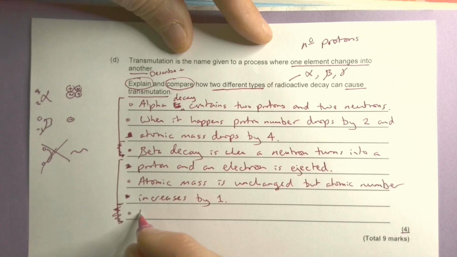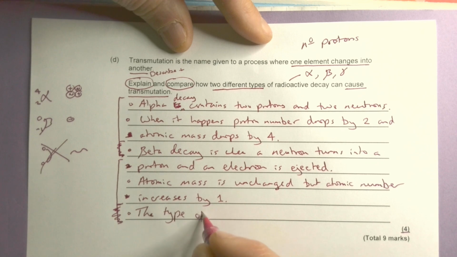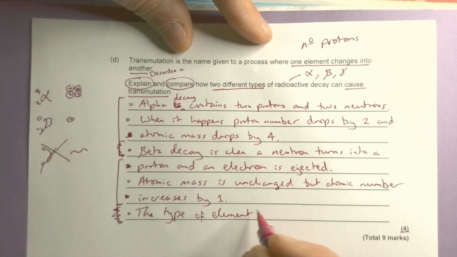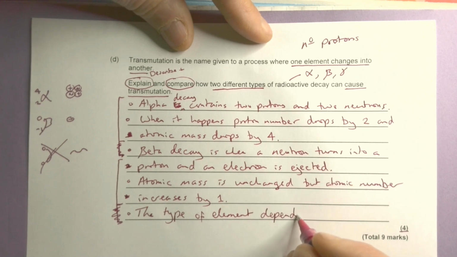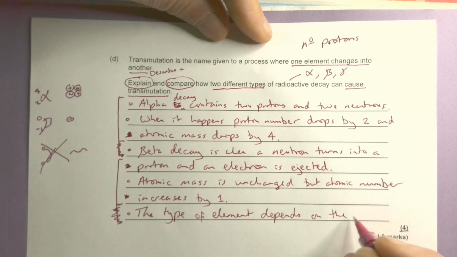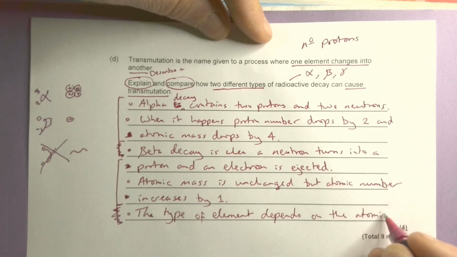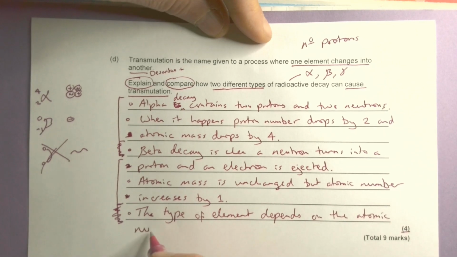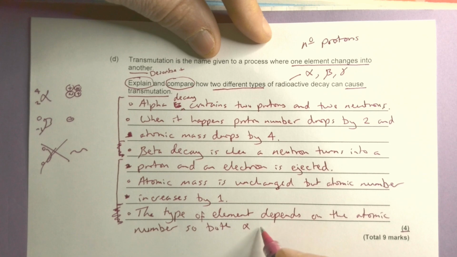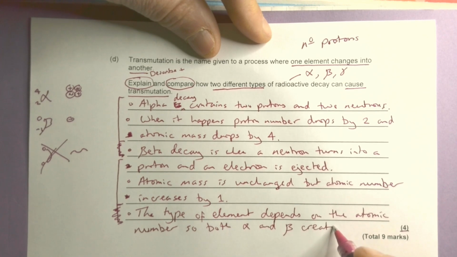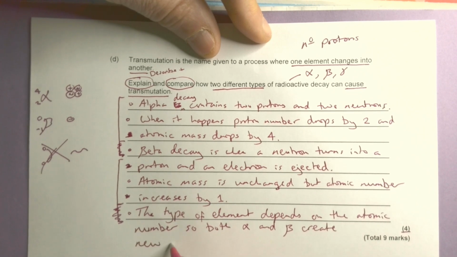So the type of element depends on the atomic number. So both alpha and beta create new elements.